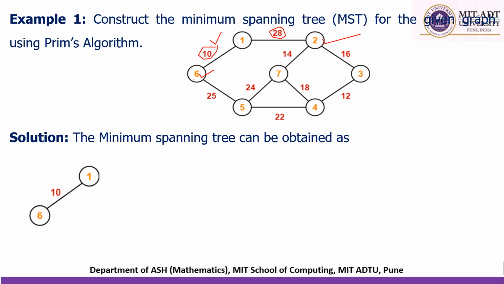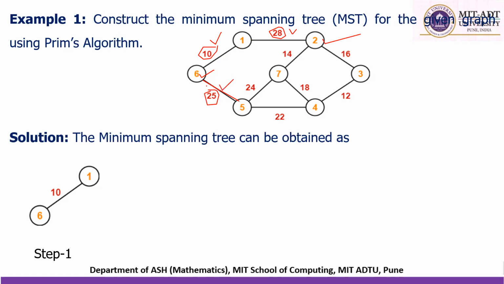Now in step number 2, after that, we look from 6. There are two vertices now, 6 and 1. So 6 is connected with 5 by a weight of 25. 1 is connected to 2 by the weight 28. Out of this 25 and 28, 25 is minimum.